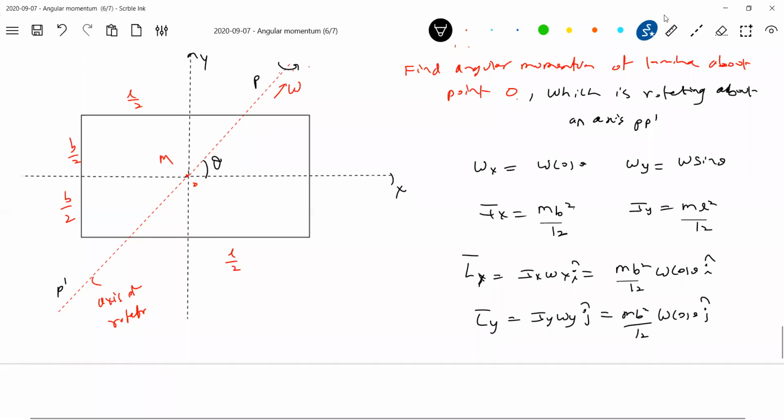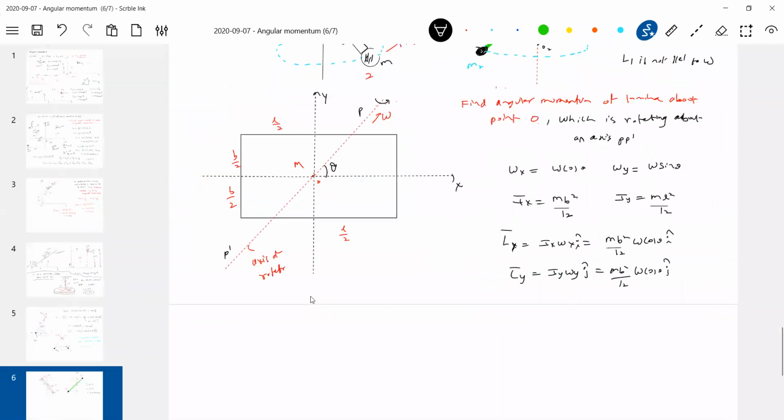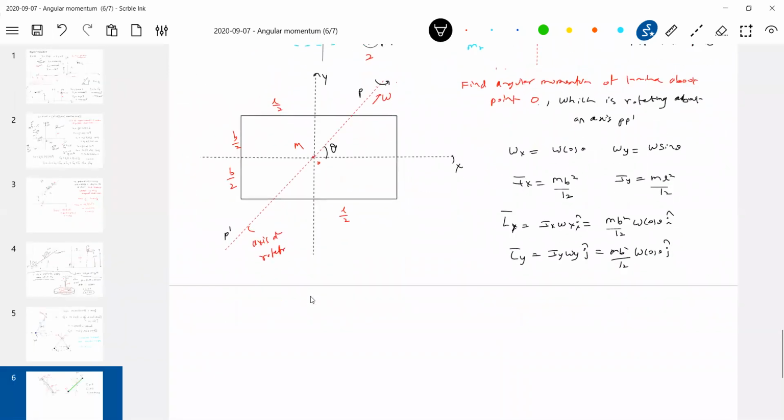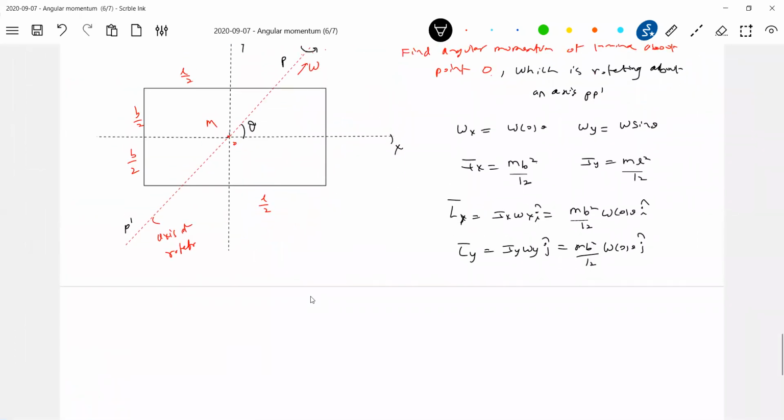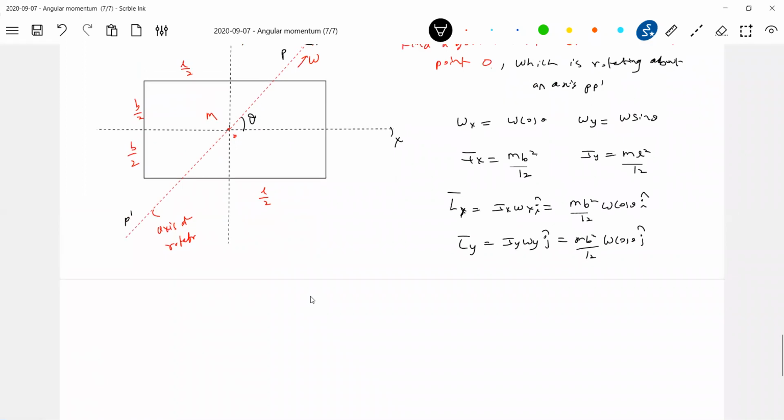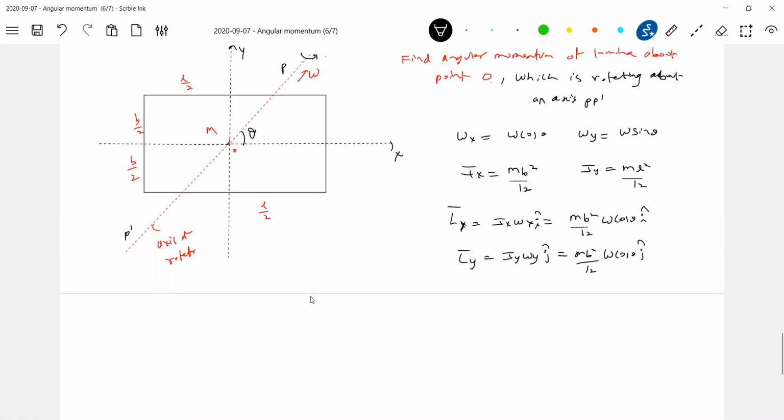Then what is the resultant angular momentum? The resultant angular momentum is given by Lx bar plus Ly bar, so L bar is equal to Lx bar plus Ly bar.